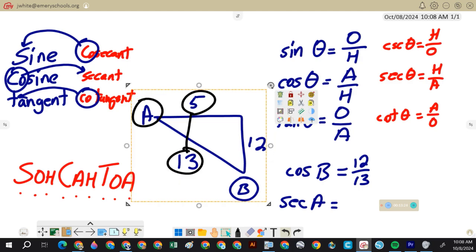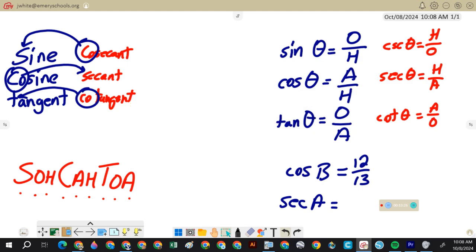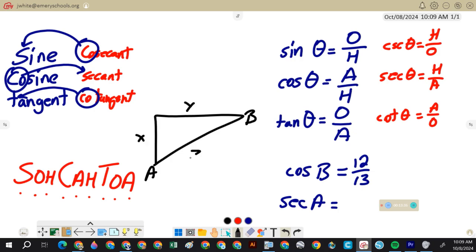Sometimes instead of side lengths, they're going to give you variables. So let's call this A and this B. We get X, Y, and Z. What is the tangent of angle A?